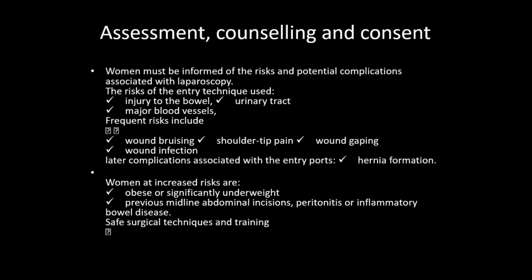The same guideline classifies other complications as serious or uncommon, like bladder injury, bowel injury, vascular injury, failure to gain entry to the intraperitoneal space, and other complications related to anesthesia and overdistension of the peritoneal cavity associated with cardiopulmonary compression. Okay.